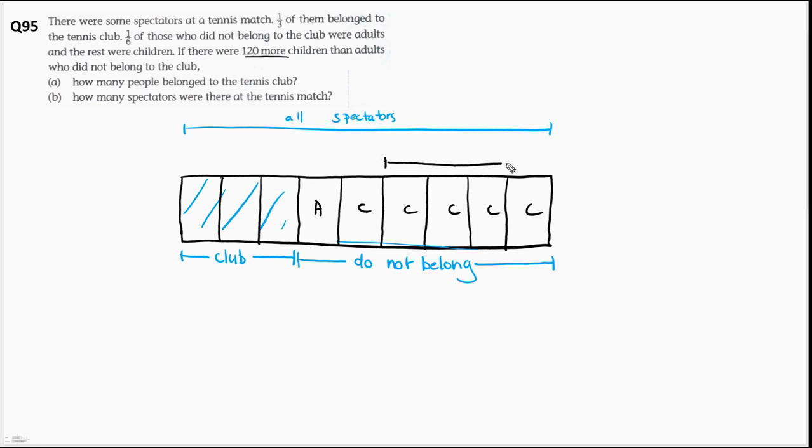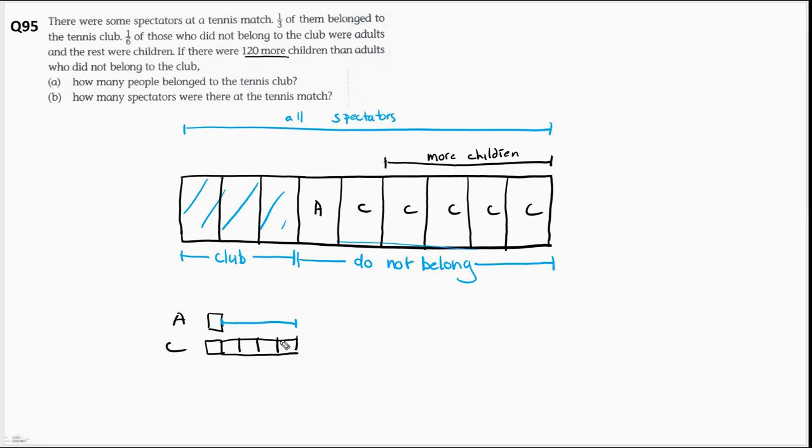Okay, this is the bit where there are more children. But if you weren't sure about this, you could say, okay, we've got the adults and we've got the children. The adults have one part and the children have 1, 2, 3, 4, 5. And the bit that's more, of course, is here.